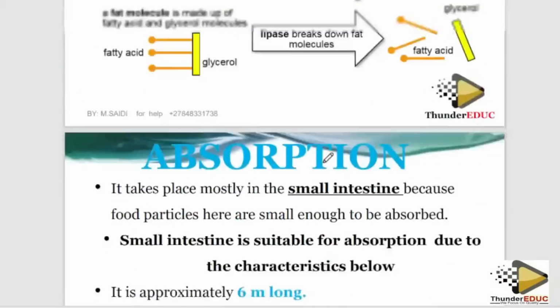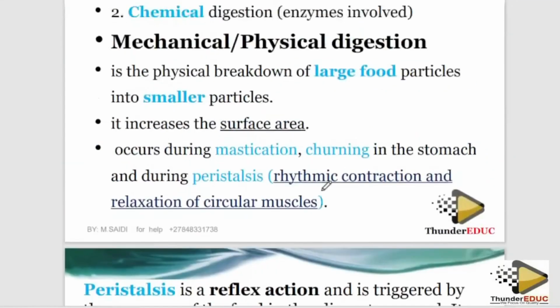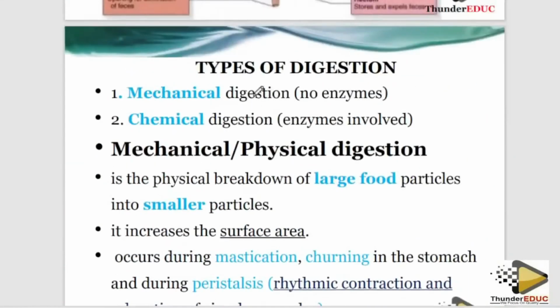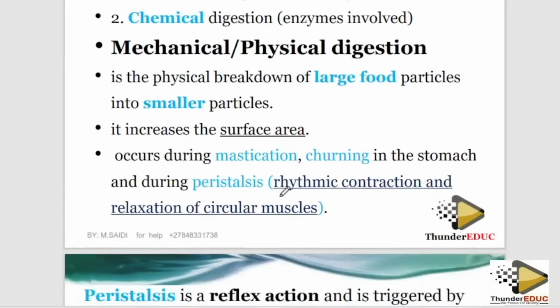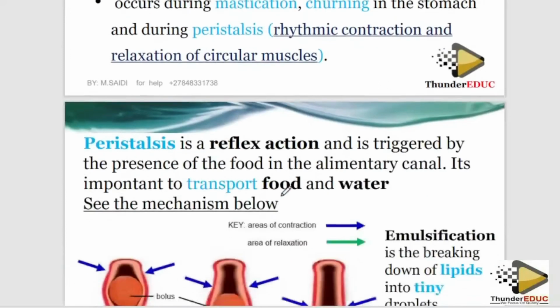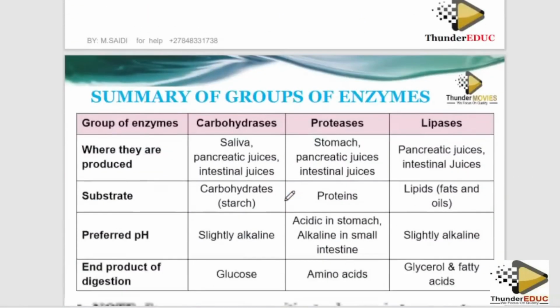Yes. So how are these questions set? This one, peristalsis, different types of digestion, mechanical digestion and then chemical digestion. Mechanical uses energy. Chemical digestion uses enzymes, meaning that in chemical digestion there is involvement of enzymes. In mechanical digestion, there is no involvement of enzymes. You use energy.